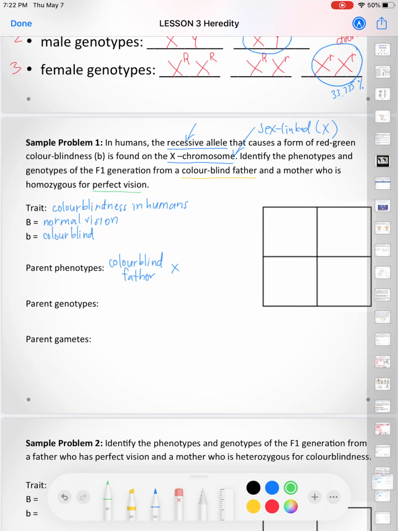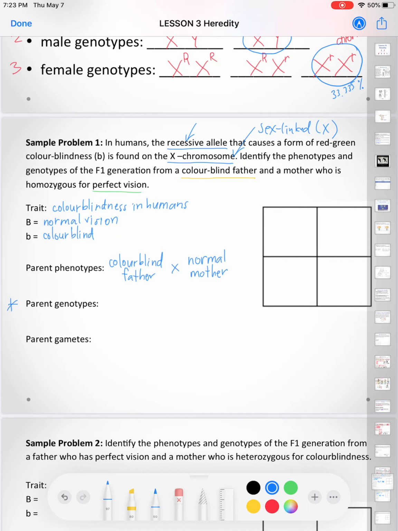But for phenotypes, all we care about is that she has perfect vision. Okay, so I don't care whether you put perfect vision or normal vision. It doesn't really matter. Okay, so we have normal vision here. A normal mother. I'm just doing this to save some space here. So a father who's colorblind and a mother who has normal vision.